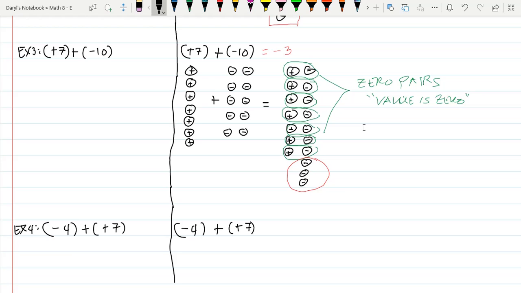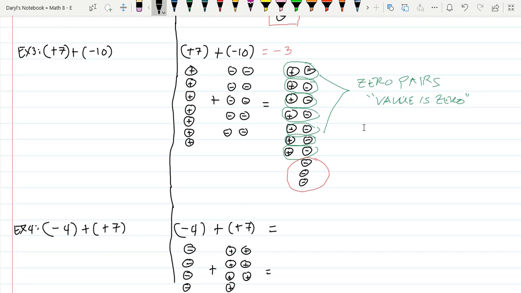What would be the possible answer? To help me visualize this situation, I'm going to use the chips. I have 4 negative chips, and then I'll be adding it with 7 positive chips.